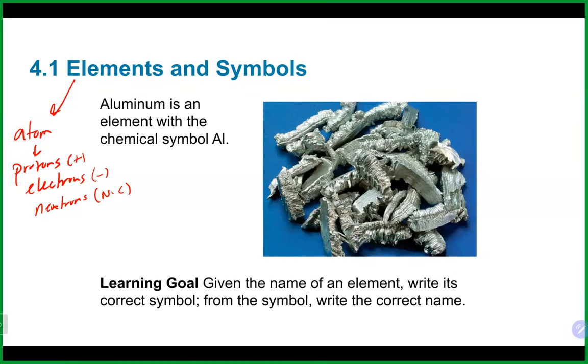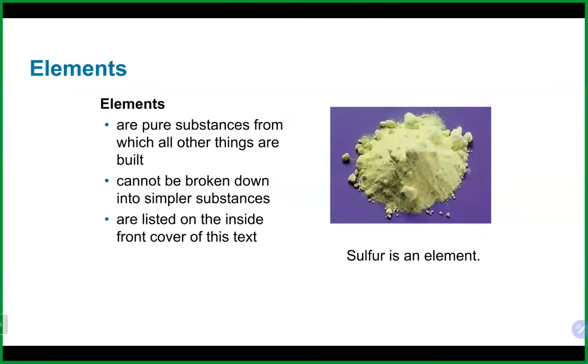And if it is a two-letter symbol, like what we see here with aluminum, we do capitalize the first letter, but we do not capitalize the second. So it would be a one-letter symbol or a two-letter symbol. And again, we do not capitalize both.